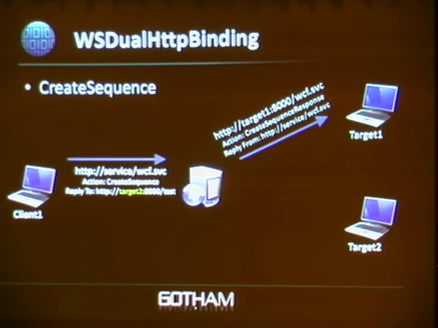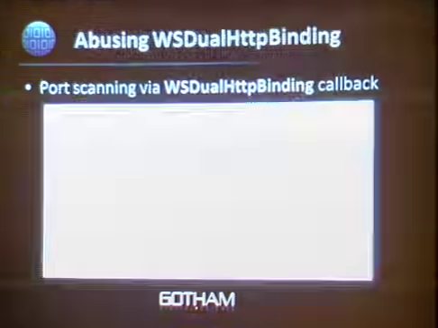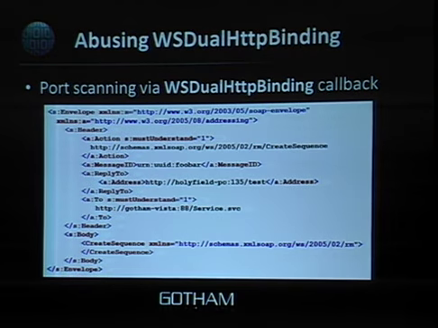Only when the connection to target 1 times out do I get a 202 response on my second request, which is when that second request to target 2 comes out. It's a little confusing, but we'll see how this can be used to do some fun stuff. Specifically, you can use this to do port scanning of sorts.